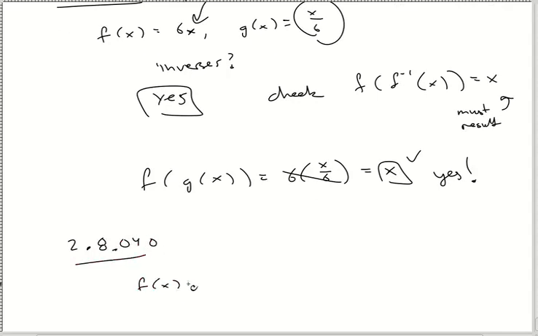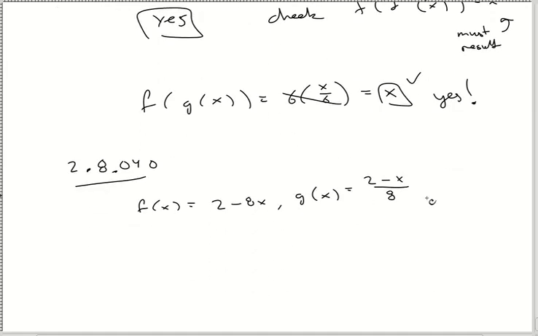Next one, f of x is equal to 2 minus 8x. g of x is equal to 2 minus x over 8. Now, a lot of my little tricks for opposites kind of fall apart whenever I have a minus sign in front of the x, or something's kind of mixed up. So I get confused real fast about this.